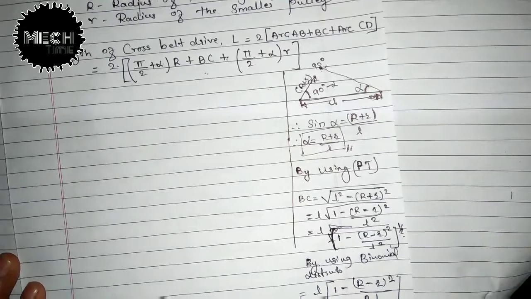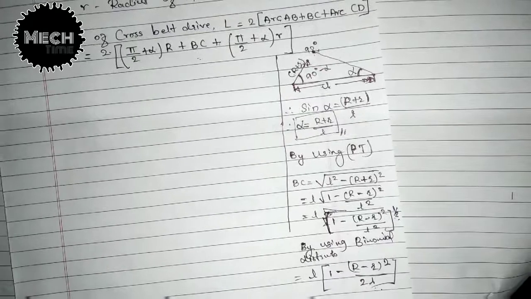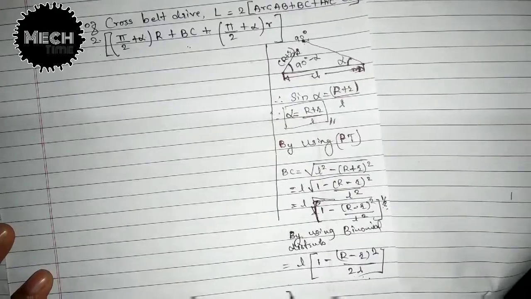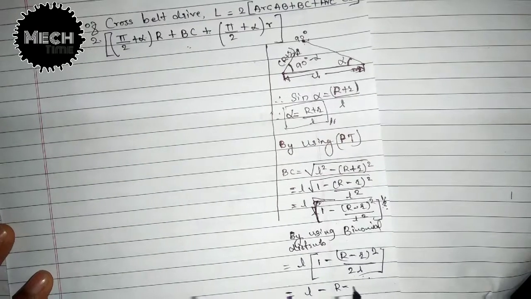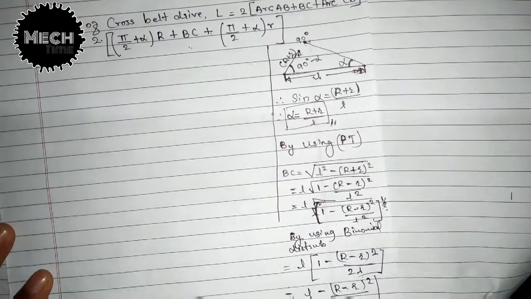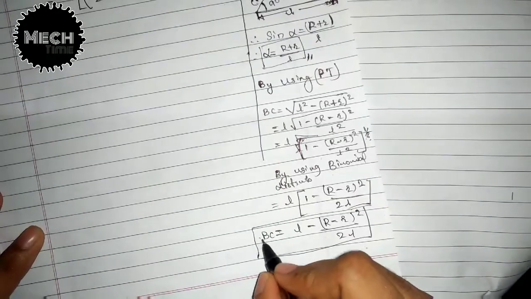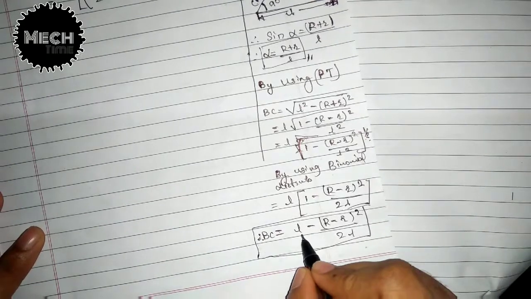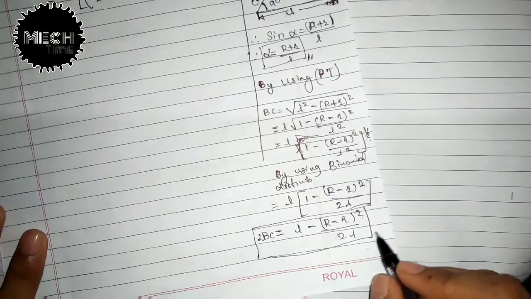Here 1 by 2 will be multiplied by this, so it will be 2L. Now our BC value will be L minus (capital R plus small r) whole square by 2L. So we got the BC value.